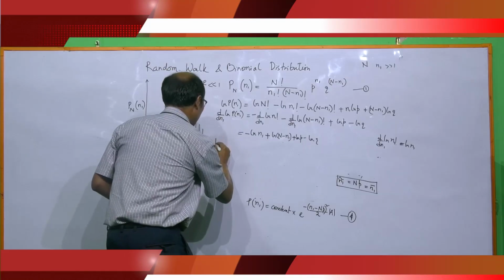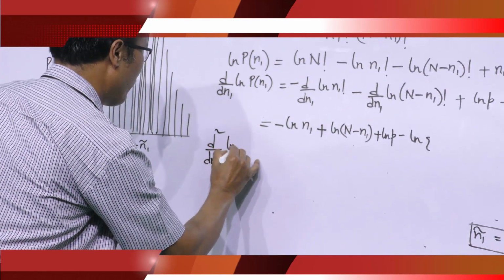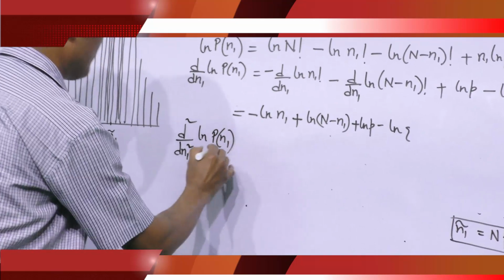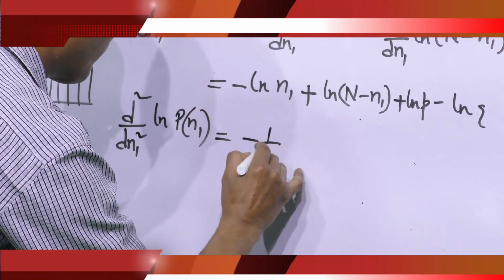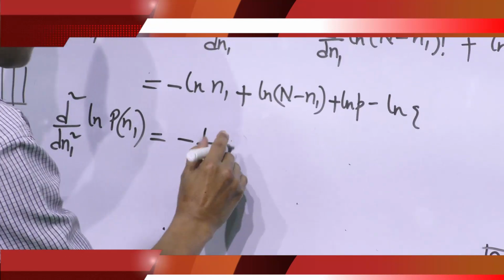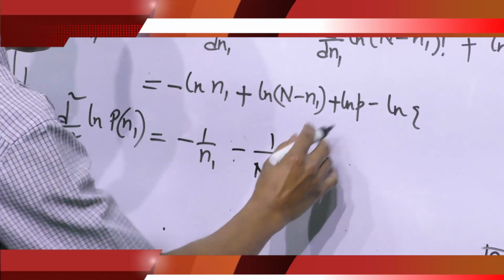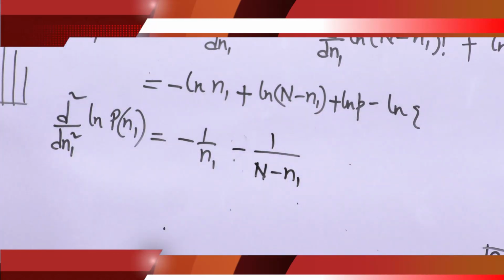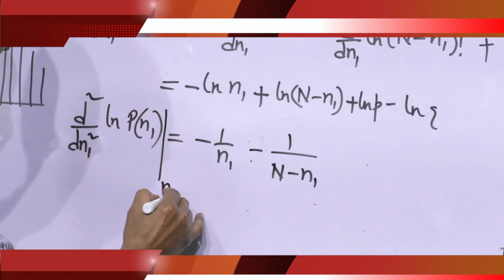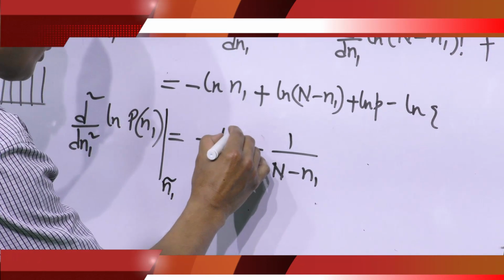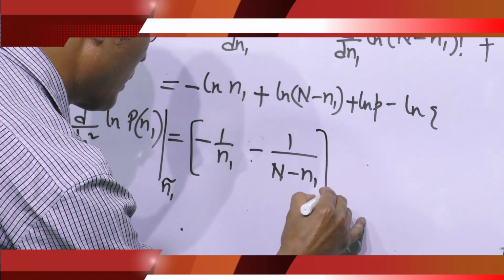We double differentiate with respect to n1 log of P(n1), which is minus 1 over n1, another minus 1 over (n minus n1), and these two terms go to 0, and we evaluate at n1 equal to n1 tilde.